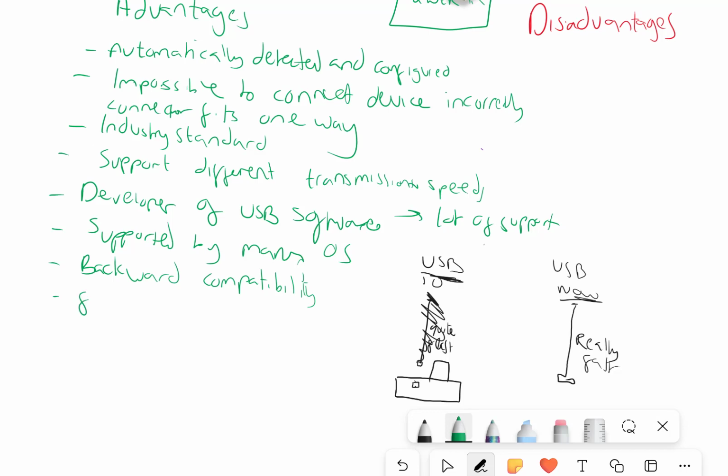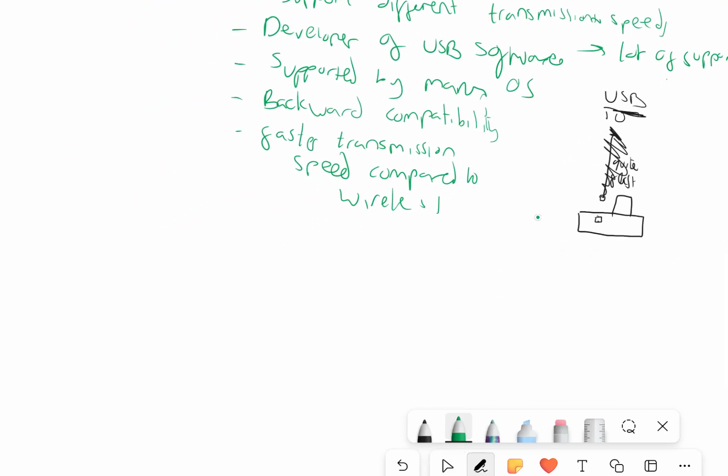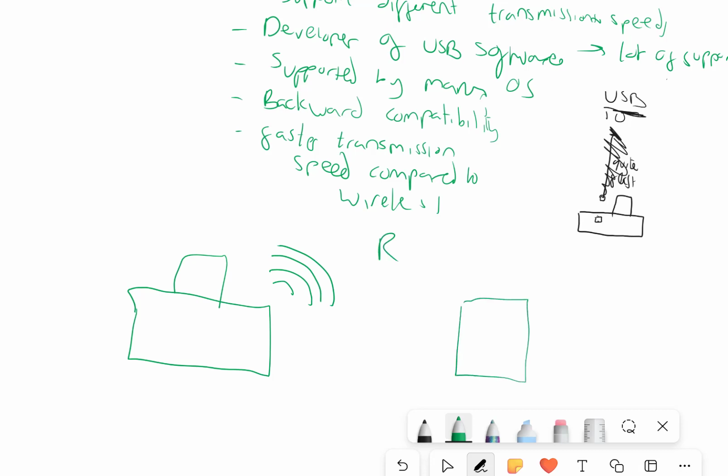And the final advantage is faster transmission speed compared to wireless. So let's imagine again we have a printer. This printer has got a Wi-Fi or wireless antenna, so it can connect to my router. This is my laptop.